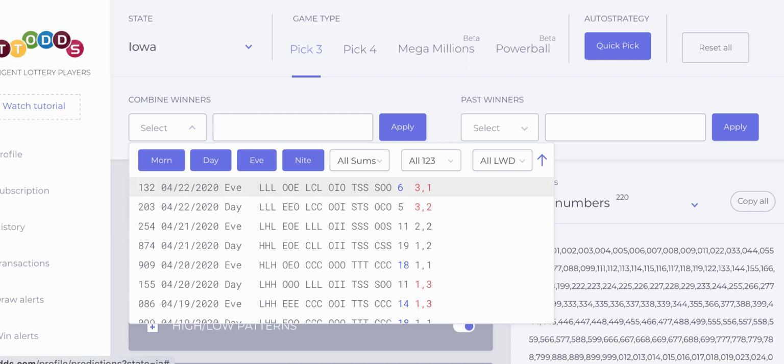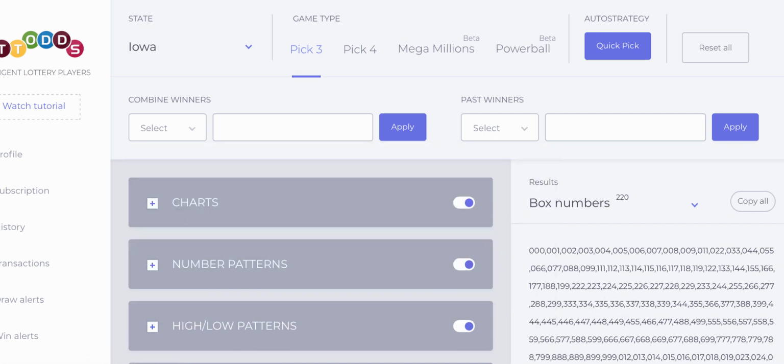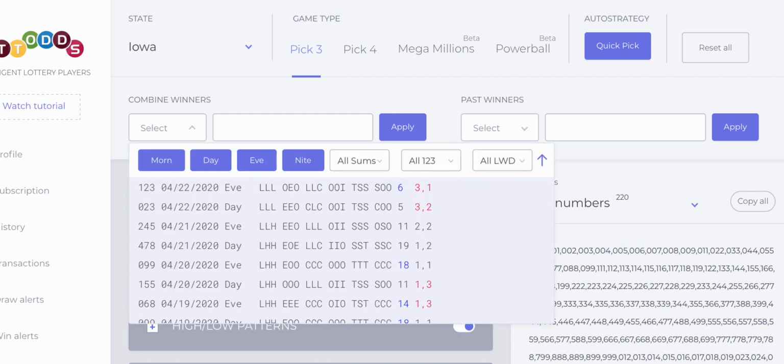All right, so I like to start out with determining what is going to come out first here in the high-low section. I'm going to flip this around because I want it to correspond with the low to high numbers of the box game here, 220 numbers. So I flip the past winners from low to high, so I can utilize the patterns.